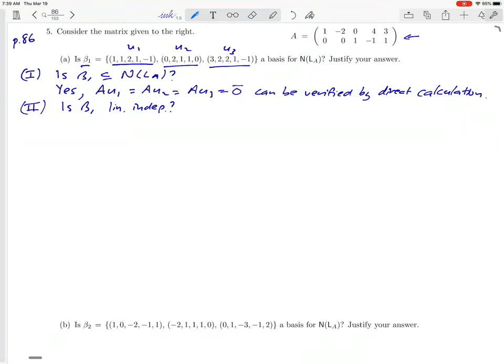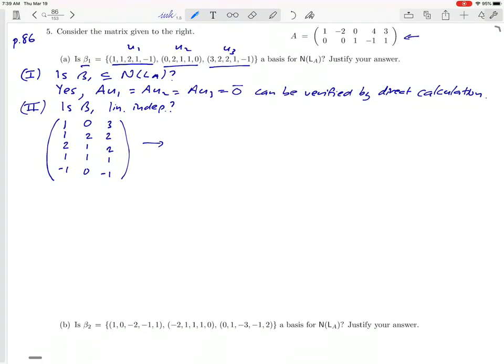Okay, we can do that by forming a matrix where U1, U2, and U3 are our columns. Okay, so that would be our starting point.